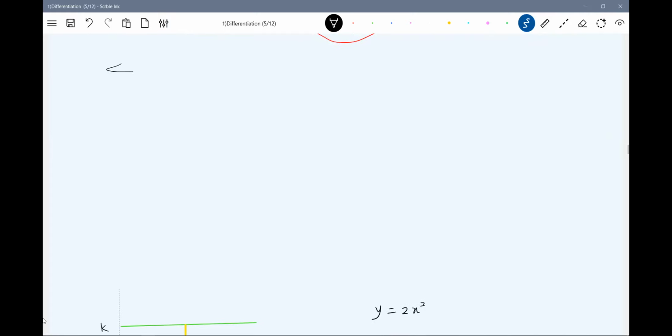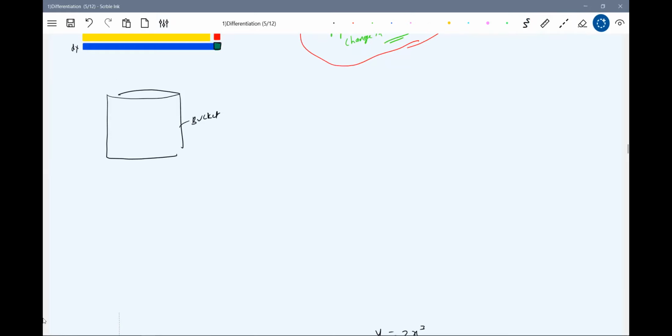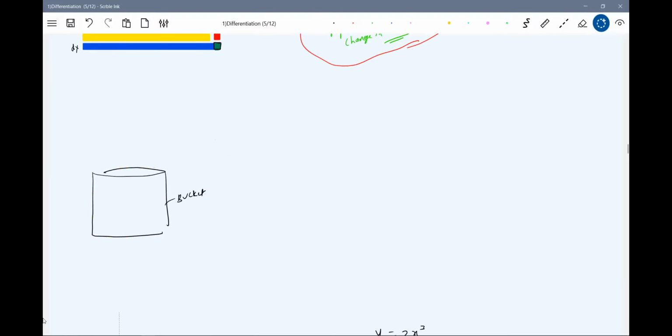Suppose I have a container, or say a bucket, and I open up the tap. This is the water, and the tap is going to fill up the water.